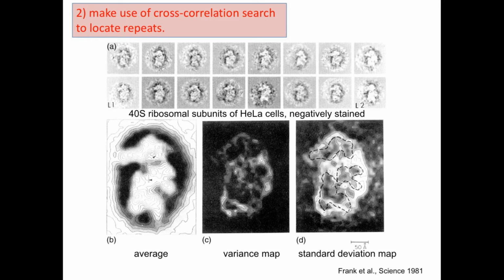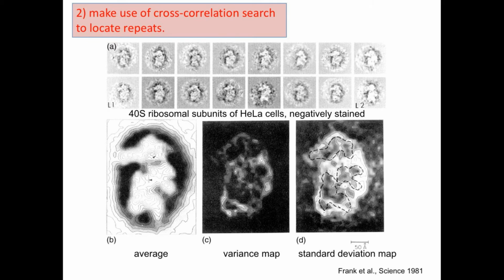So now make use of cross-correlation search. This is an example where cross-correlation search is used to get the images into exact same position relative to the image field, and then we can simply average them out and get such an enhanced image.